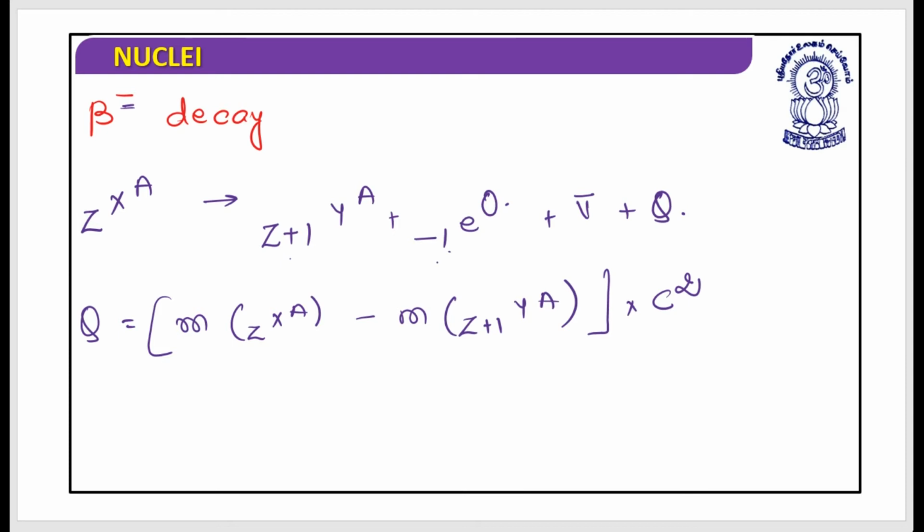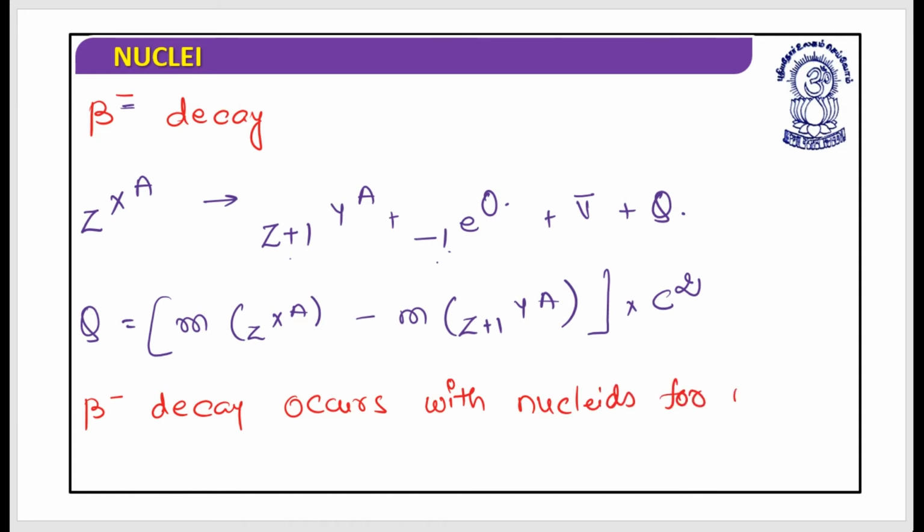And one more thing you must remember is that beta minus decay occurs with nuclides for which the N by Z ratio is too large for stability.